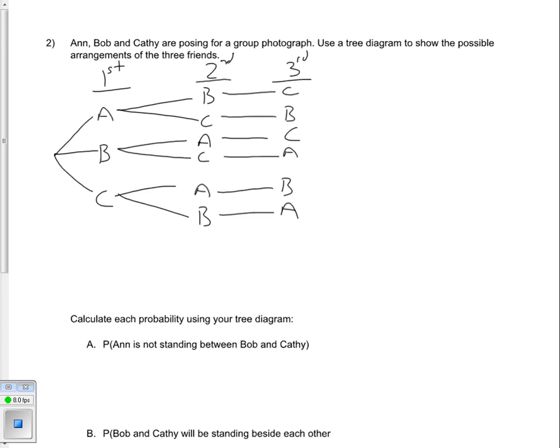When we take a look here, we actually have a grand total of 6 combinations. We got 1, 2, 3, 4, 5, 6 combinations. What we want to do is write out what those combinations are off on the side.